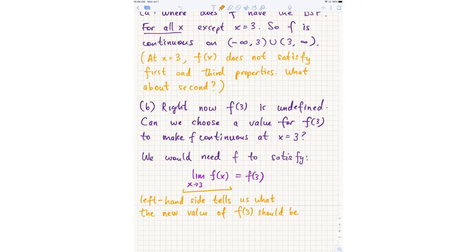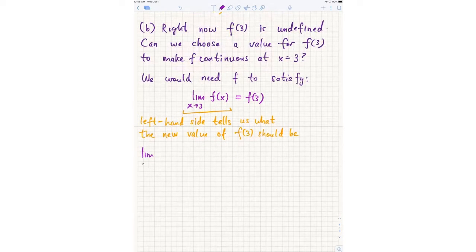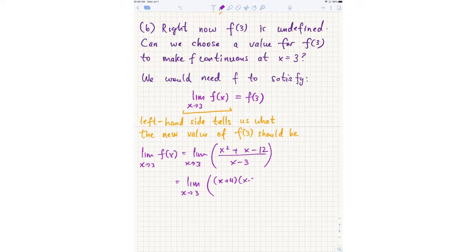Okay, so let's compute that limit. Like some people said in the chat, we factor the numerator. So we get x plus 4, x minus 3 over x minus 3. We cancel out the x minus 3's.